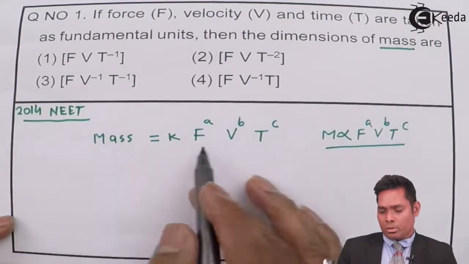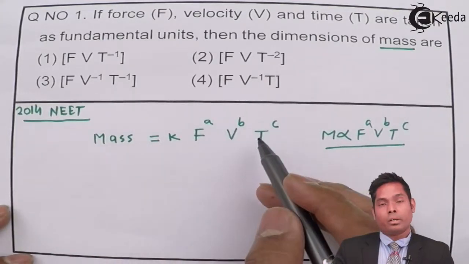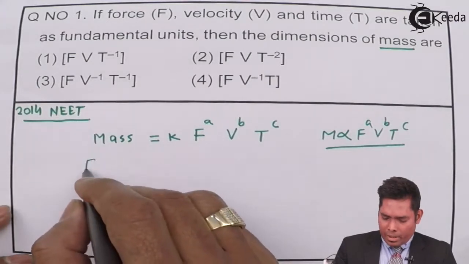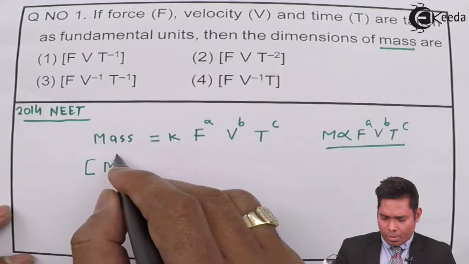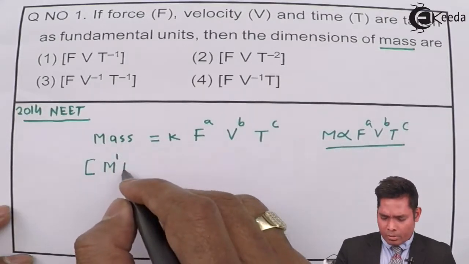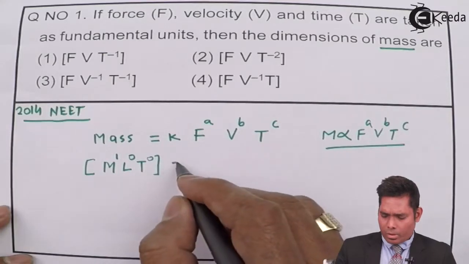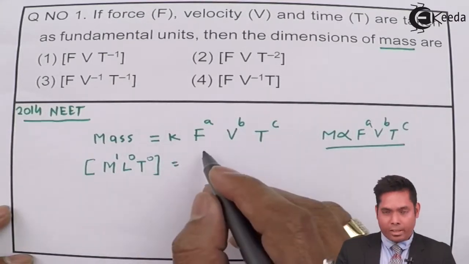We take the dimensions of both sides of the equation and then solve to get the values of A, B and C. Taking dimensions of both sides, this is M to the power 1 obviously, L will be 0, T will be 0. It is dimensionless, so no dimension is 1, so it's not taken.